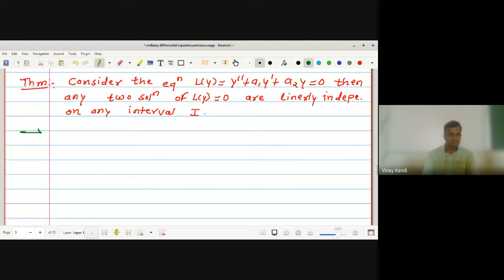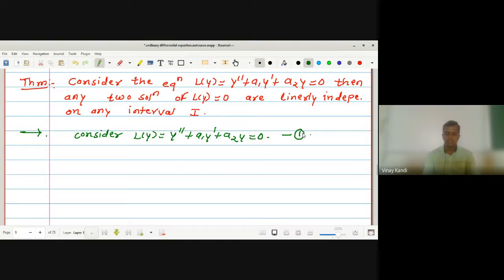Consider L of y is equal to y double dash plus a1 y dash plus a2 y is equal to 0. Give it as equation number 1.